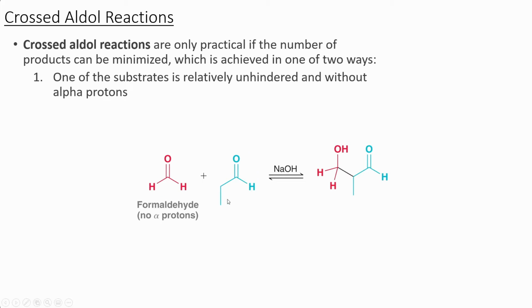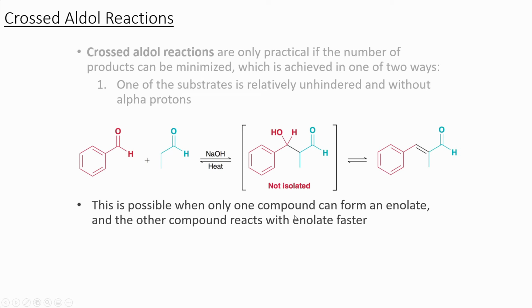So if we mix these two aldehydes together in the presence of sodium hydroxide, we would only obtain this product where the enolate is formed from propanal and the electrophile is formaldehyde. And this is only going to be possible when we can only form one enolate and the other compound reacts with the enolate faster. So this is a relatively specialized variety.